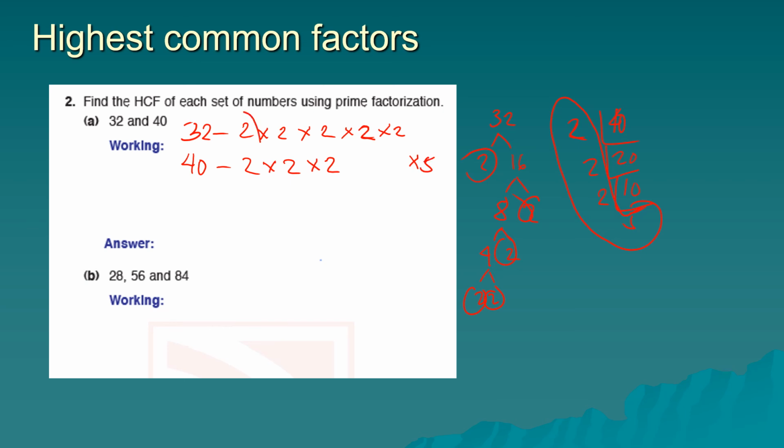So that's 2, 2, 2. 2 times 2 times 2. We're not putting the other numbers because we are getting only the common factors. That gives us 8. So the highest common factor of 32 and 40 is 8. Now go ahead and try letter B.